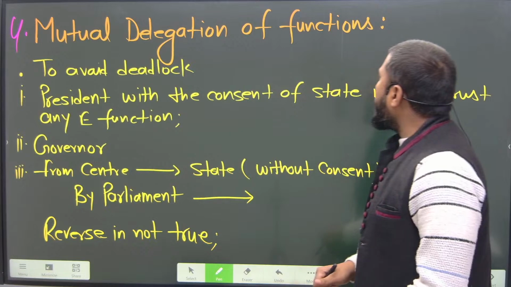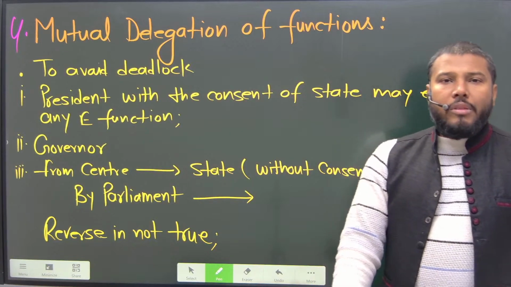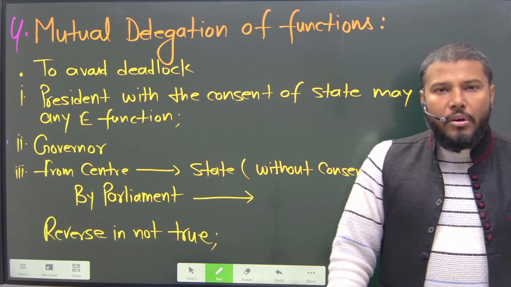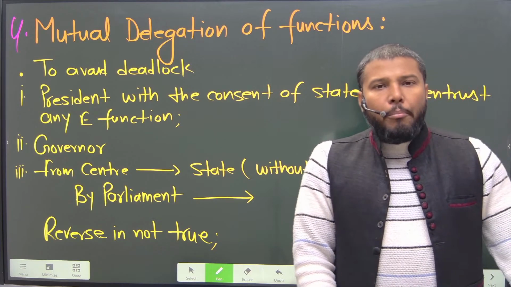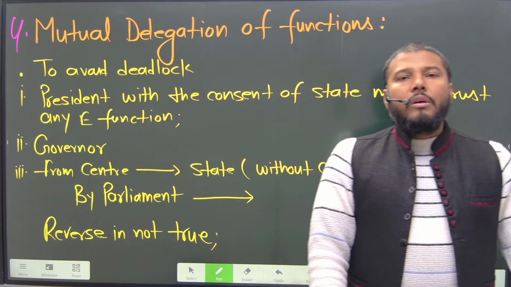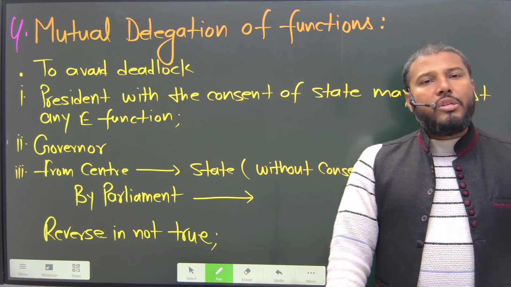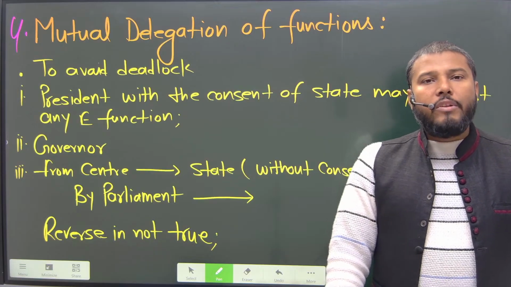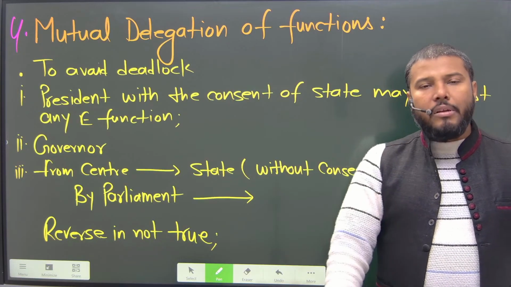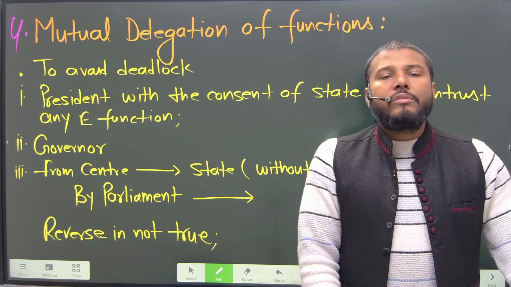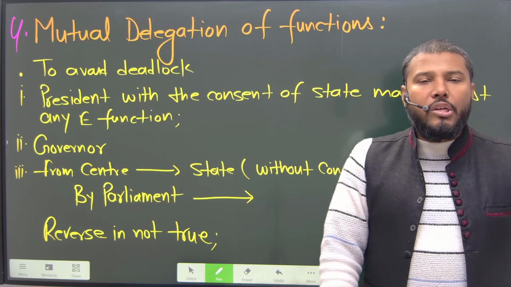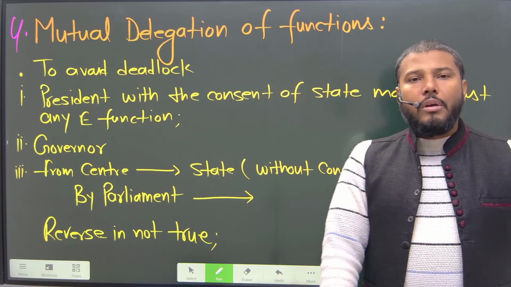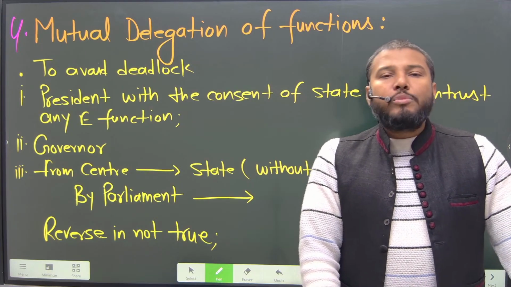The fourth one is mutual delegation of the functions. There is a provision in our constitution where mutual delegation of the functions is ensured. Particularly, on the union list, the central government makes laws and enjoys the executive or administrative power. As far as the state list is concerned, the state government is vested with the authority to make laws, and is duty bound to ensure the enforcement also.